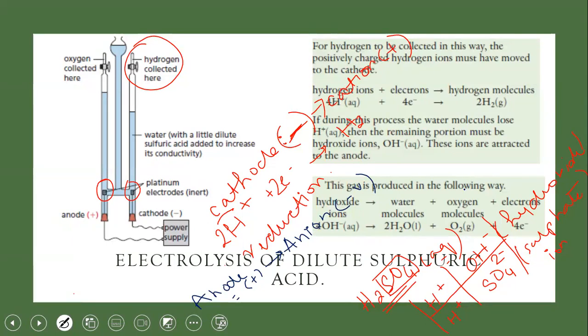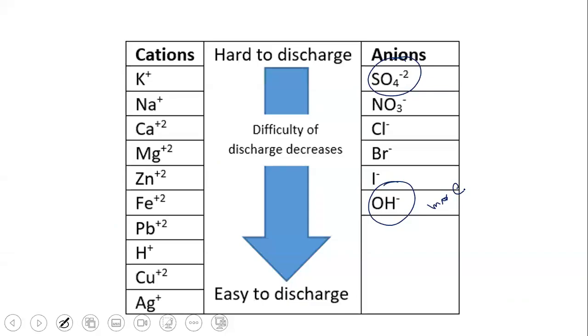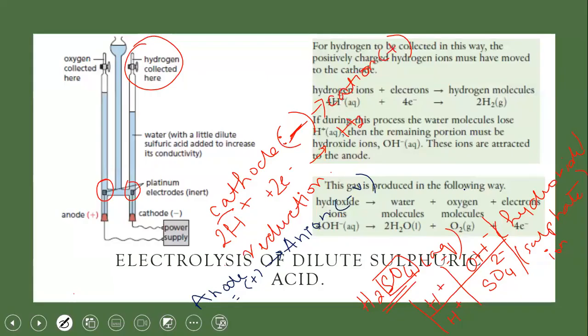Whichever ion is more reactive, it's easy for it to go to the anode. The other one is not very reactive, so it's not easy for it to react. Between hydroxide and sulfate, hydroxide is the more reactive one. So the hydroxide ion goes to the anode.